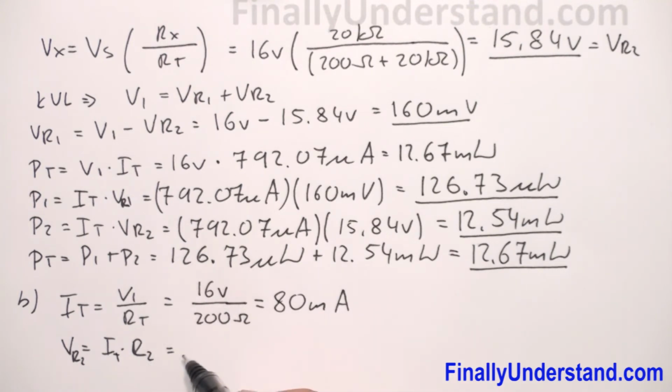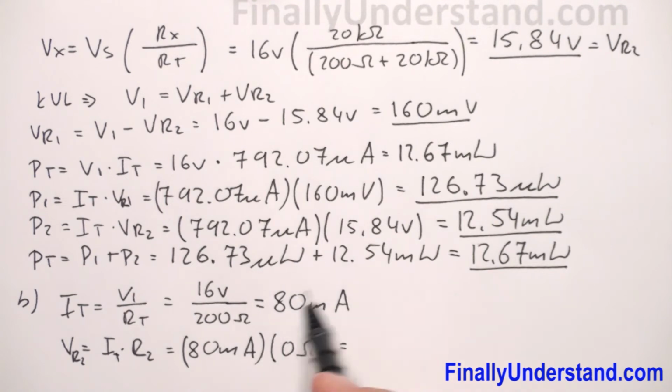I total we found is equal to 80 milliamps. And we have to multiply by R2, but R2 is shorted, so the resistance is approximately 0 ohms. So 80 milliamps times 0 ohms gives me 0 volts. So the voltage across resistor R2 in this situation is equal to 0 volts.